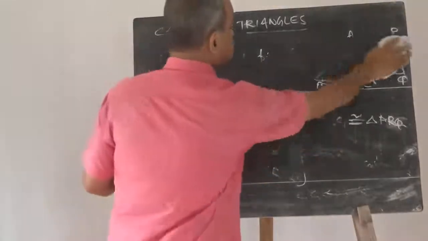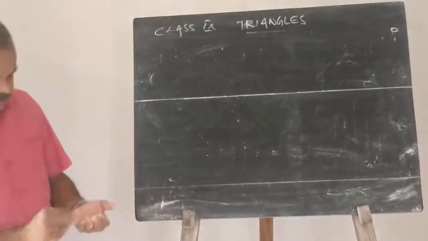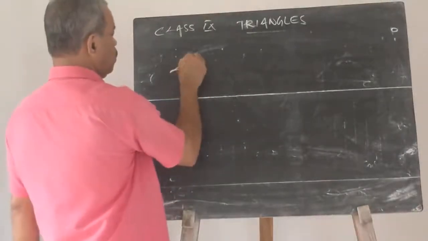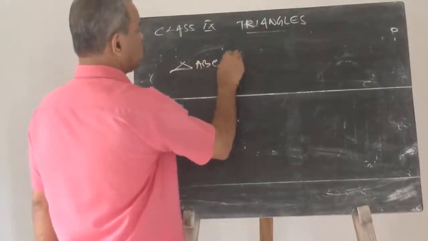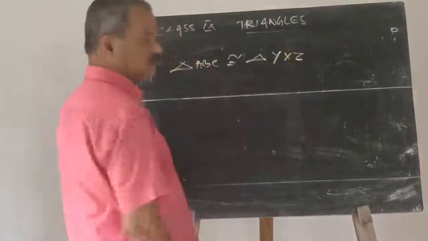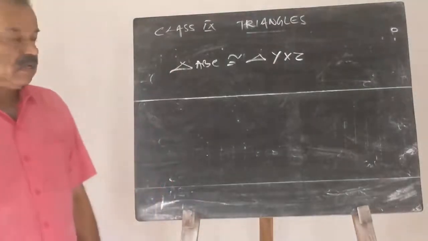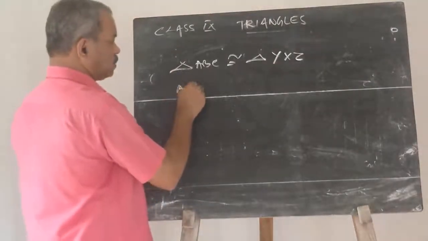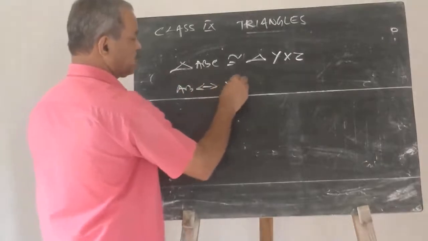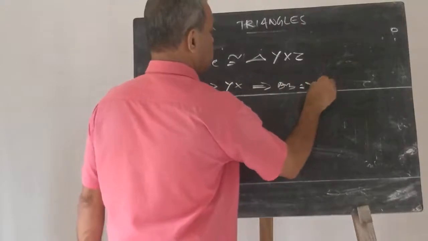And suppose we are given triangle ABC is congruent to triangle YXZ. How will you write the correspondences which are congruences? AB corresponds to YX gives AB equal to YX.